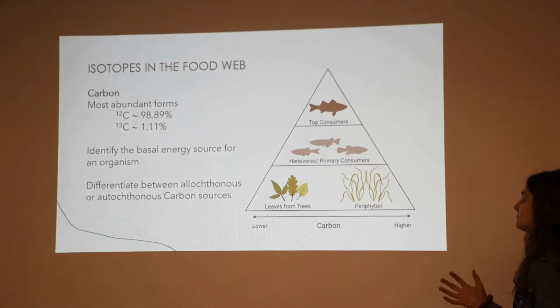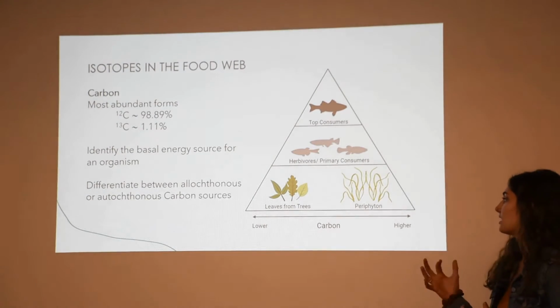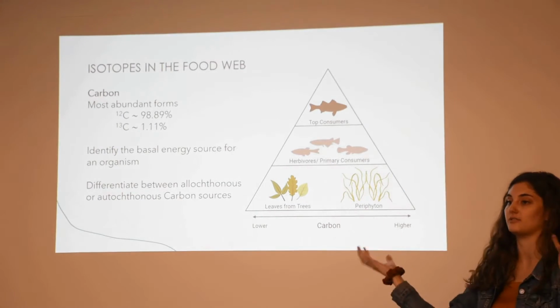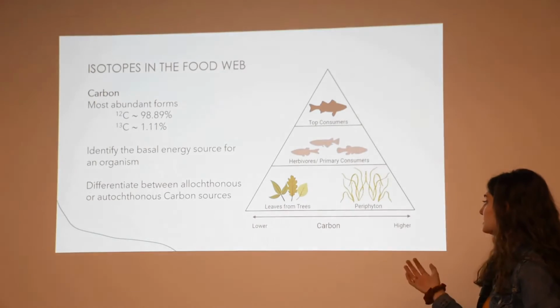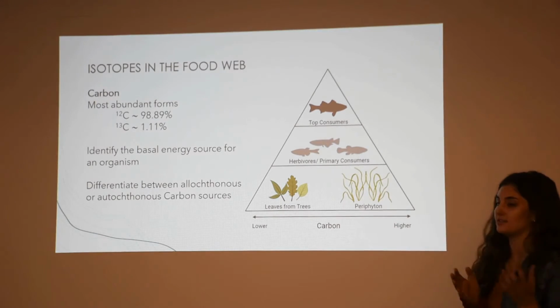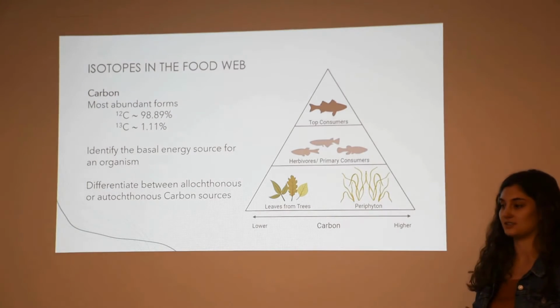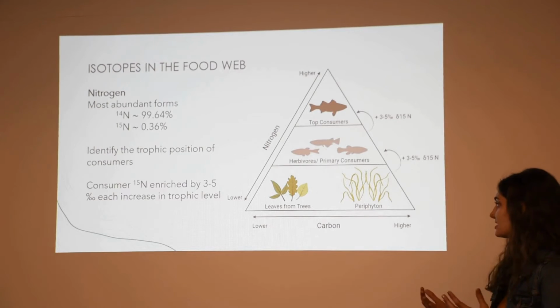So carbon can show you either the allochthonous input or the autochthonous input. So really either the energy that's coming in from outside of the system or the energy from the aquatic source. So leaves from trees have a very different carbon signature than periphyton or algae that's growing inside the stream.